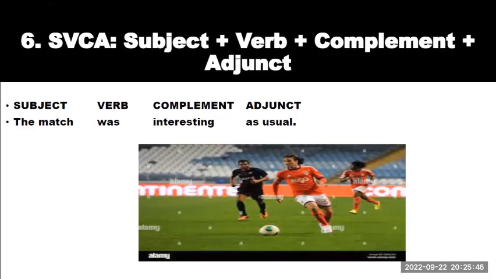The march was interesting. And the fourth part of this sentence, as usual, is an adjunct. An adjunct is an adverbial. An adverbial can be a single word adverb or an adverbial phrase, or even in some cases, an adverbial clause. In this case, this is an adverbial phrase.